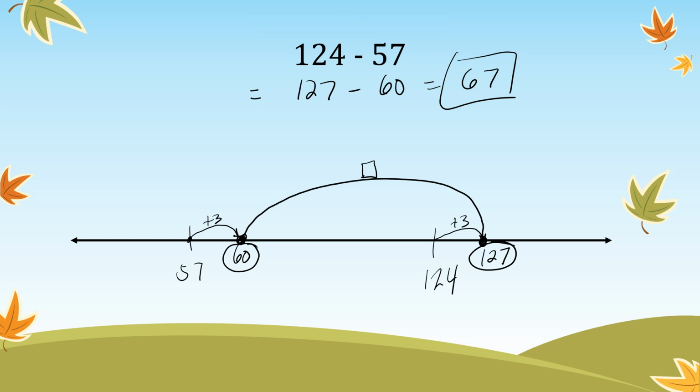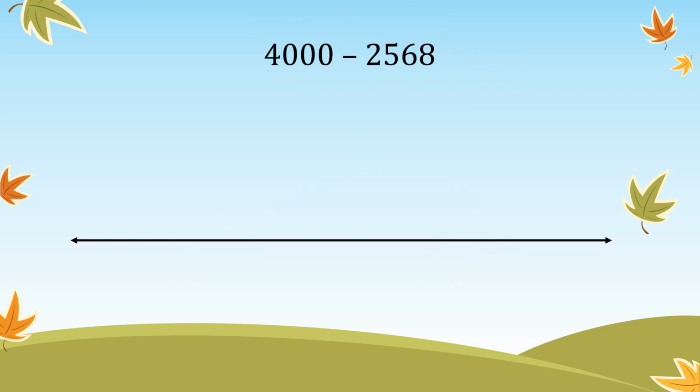Now, that's not very dramatic, right? This one is. Can you imagine having to line up 4,000 minus 2,568, and then what do you have to do? You have to regroup the 4 to the 3.